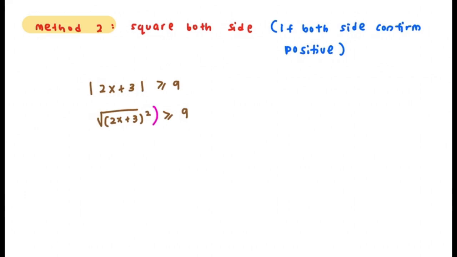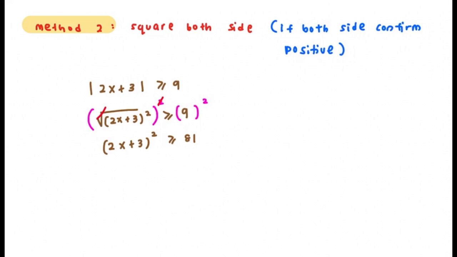Then use the square both sides method: square the left side, square the right side. What happens to the left side? You can cancel out the square root and square. So left only (2x + 3)² ≥ 9², which is 81.